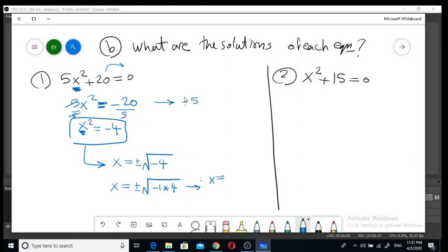Then x is equal to plus or minus square root of negative 1, which is i, and square root of 4, which is 2. Then x is equal to plus or minus 2i, or we can say we have two solutions: x is equal to 2i, and x is equal to negative 2i. We have two solutions, of course, because we have a quadratic equation.